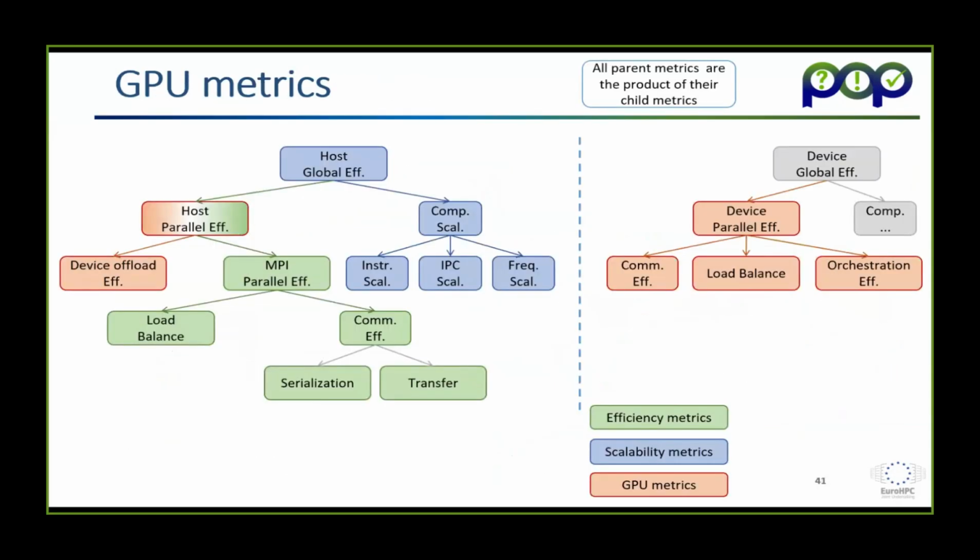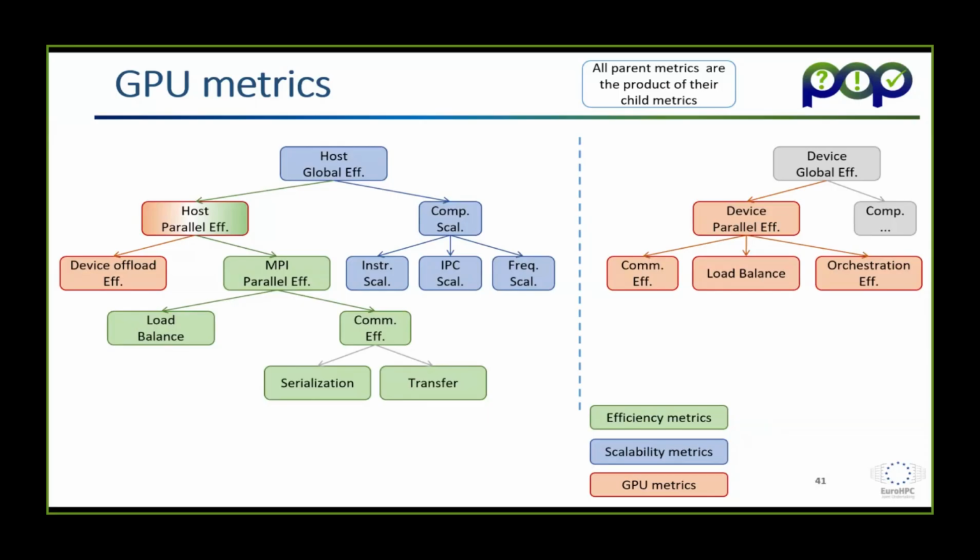And to finish, I'm going to share here the proposal for the GPU metrics that we have, because we will see also the GPU examples in two days. So we are proposing to extend the POP metrics to also cover GPUs. To do this, we divide the trees in two.